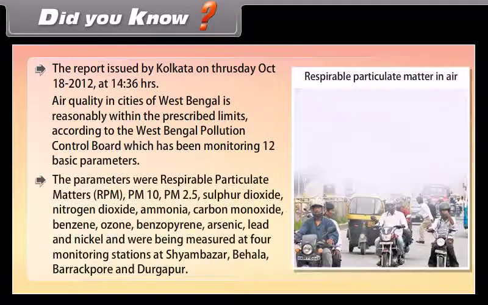The parameters were respirable particulate matter RPM, PM10, PM2.5, sulfur dioxide, nitrogen dioxide, ammonia, carbon monoxide, benzene, ozone, benzopyrene, arsenic, lead and nickel, and were being measured at 4 monitoring stations at Sham Bazar, Behala, Barakpur, and Durgapur.